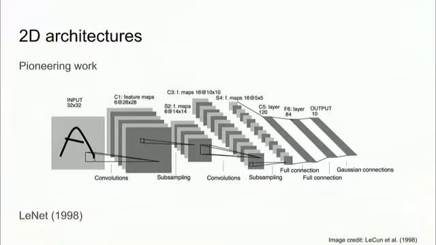To tackle this issue, the pioneer of ConvNets, Yann LeCun, proposed an architecture 20 years ago, which consists of inputting an image, and having a first layer of convolutional filters that will scan the image and, for each convolution, produce one pixel of the output.